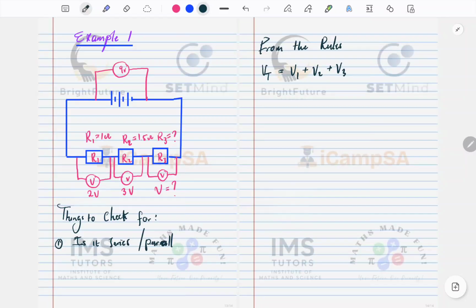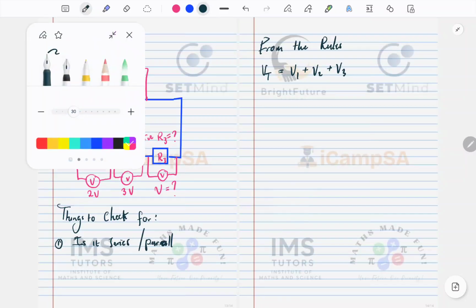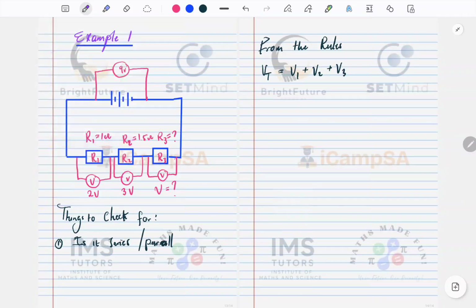From that we can simply calculate our unknown V. Vt is equal to 9 volts, which is our source here. So 9 equals V1, which is 2, plus 3, which is V.